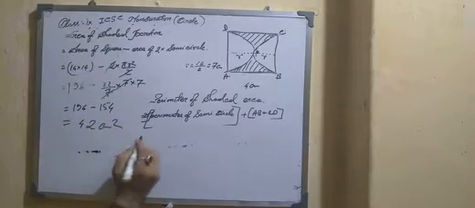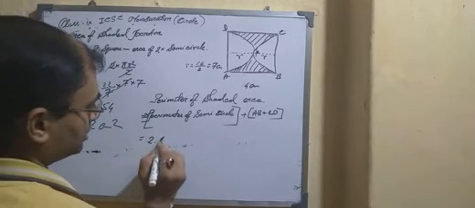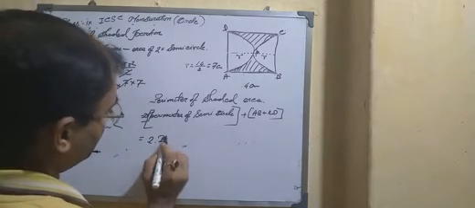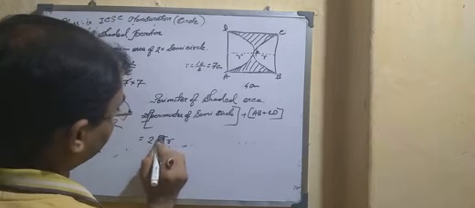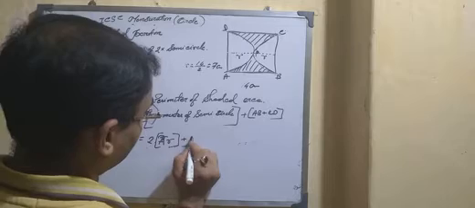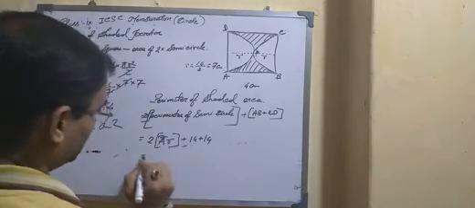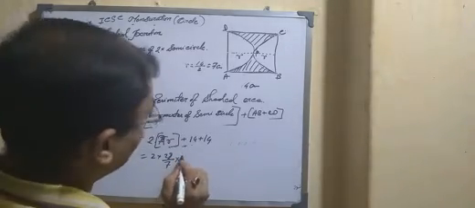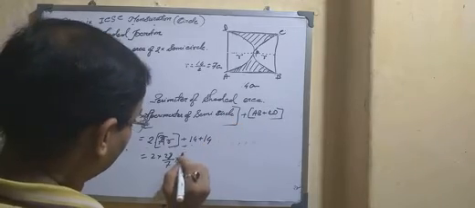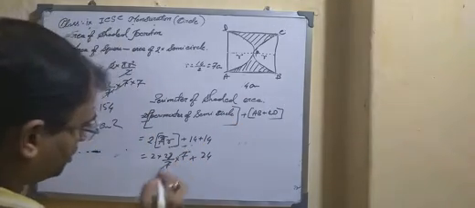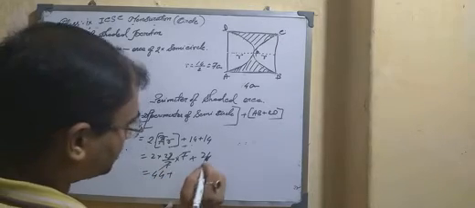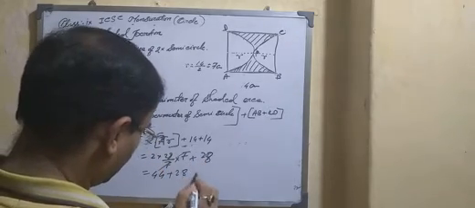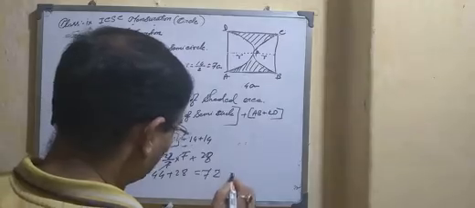Now perimeter of semicircle means pi r plus 14 plus 14, therefore 2 into 22 upon 7, we can write now the value of all parameters, R equal to 7, plus 28, 44 plus, sorry, there is 28, equal to 72 centimeter.